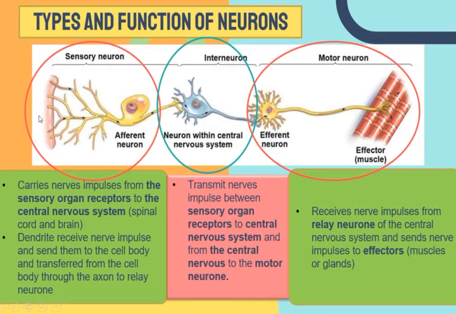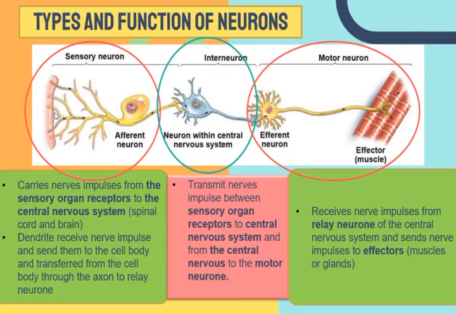Please take a look at the location of the sensory neuron. This refers to the sensory organ. We already discussed the flow of the transmission of the nerve impulse. The nerve impulse is generated in the sensory cell, which sends it to the afferent neuron.